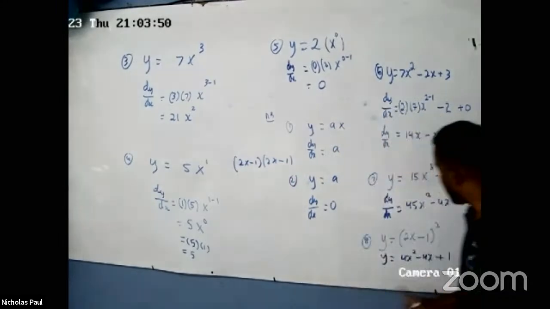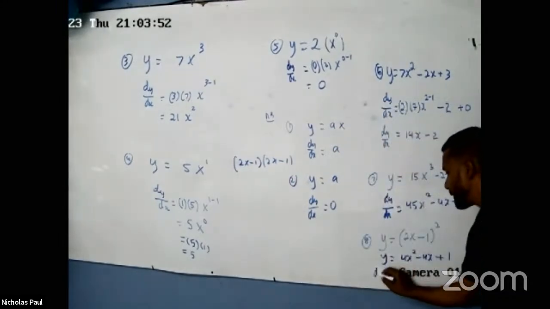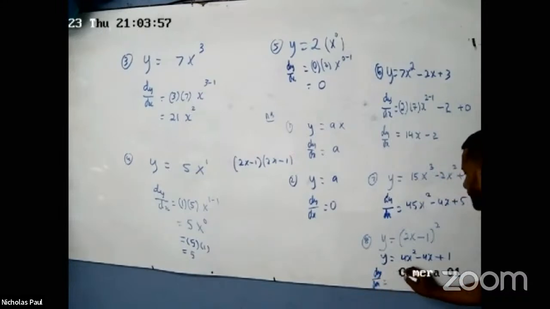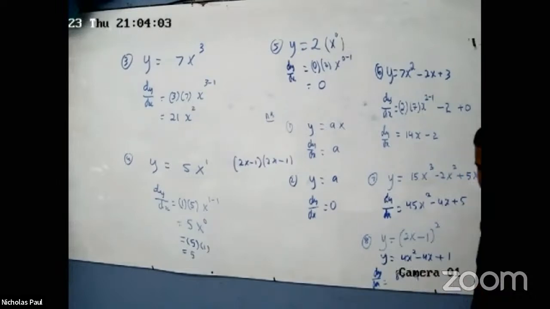If you do it properly, that's what you'll get. And then you differentiate it. So this will be 8x minus 4. Okay? So you'll get 8x minus 4. All good.